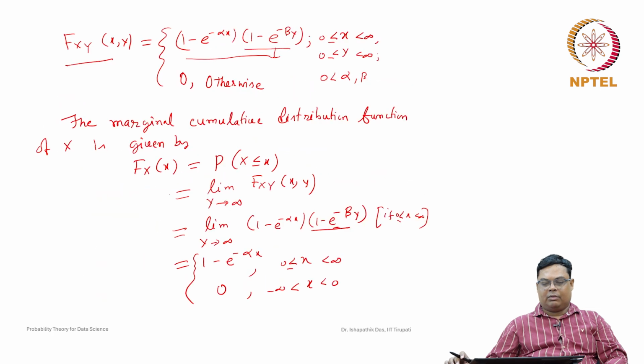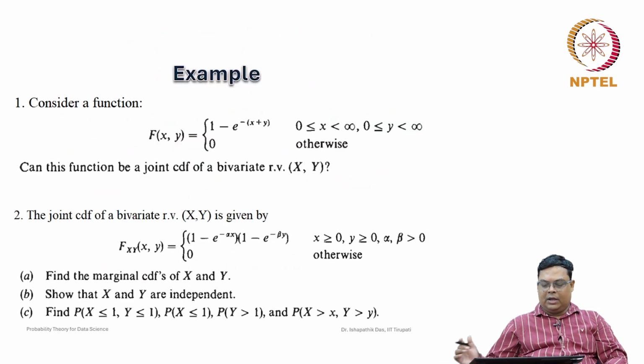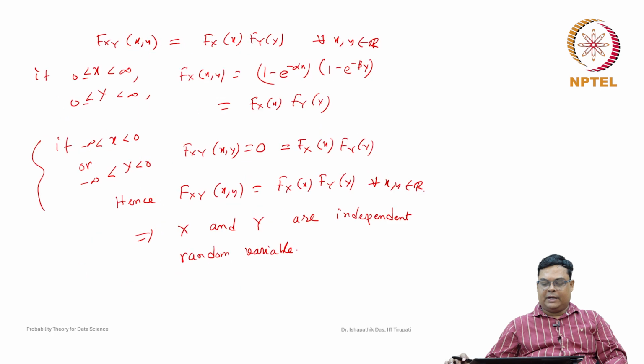So, this is another question. The next question is to find the probability that X is less than or equal to 1, Y is less than or equal to 1. So, let us find the probability of X less than or equal to 1, comma, Y less than or equal to 1.